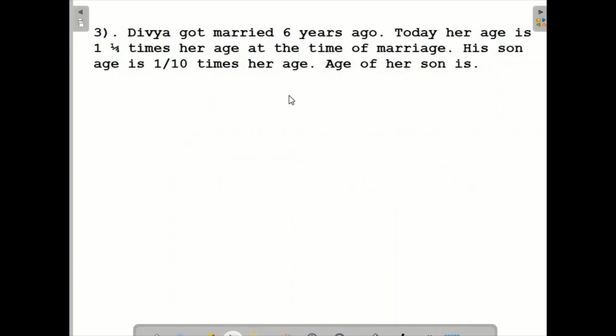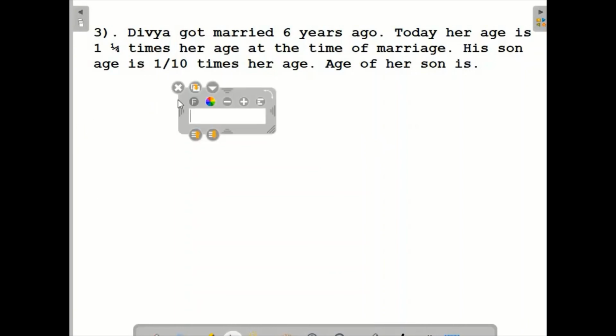Divya got married 6 years ago. Today her age is 1 1/4 times her age at the time of marriage. Her son's age is 1/10 of her age. So we have to find the age of the son.